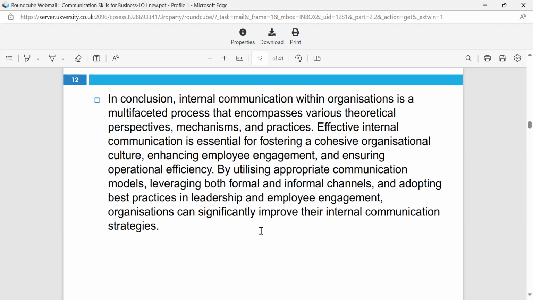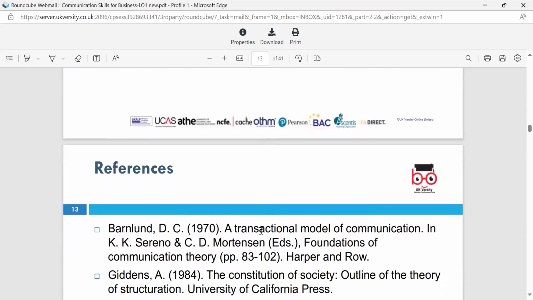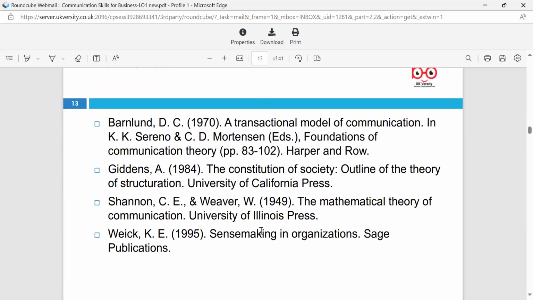By utilising appropriate communication models, leveraging both formal and informal channels, and adopting best practices in leadership and employee engagement, organisations can significantly improve their internal communication strategies. So these are the references for the first part of Learning Outcome 1.